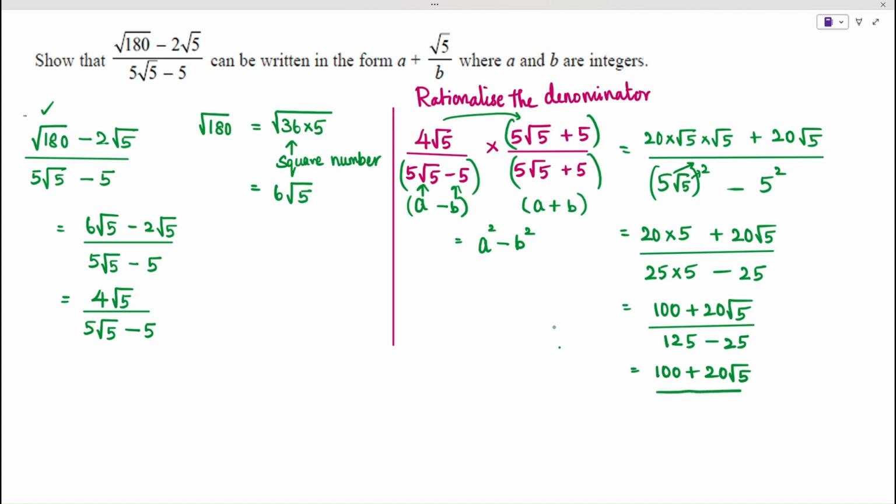And now we can split this fraction into two different fractions. So we get 100 over 100 plus 20 root 5 over 100.